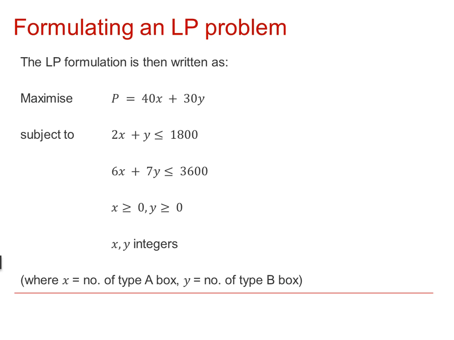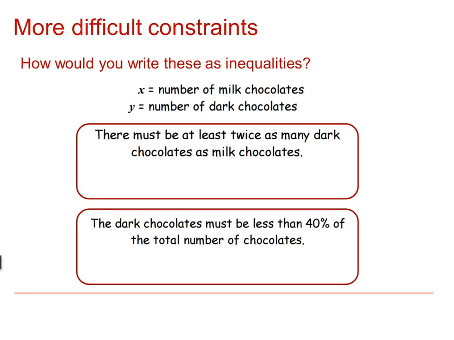Sometimes there are slightly more difficult types of constraints that we need to consider. Here's an example. Here x is the number of milk chocolates and y dark chocolates. The first question says there must be at least twice as many dark chocolates as milk chocolates. Now, some people get this the wrong way round.